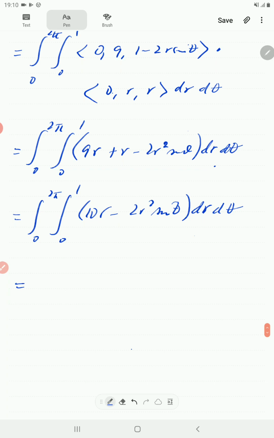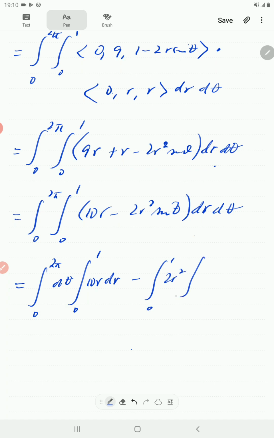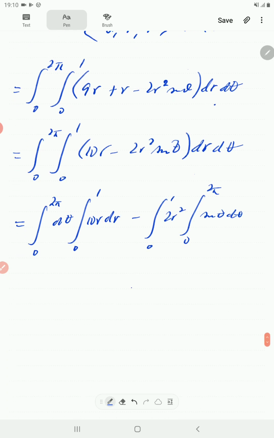So this one, 10r, is going to be, if we just do 0 to 2 pi d theta, then 10r dr from 0 to 1, minus 2r squared, sine theta from 0 to 2 pi d theta.